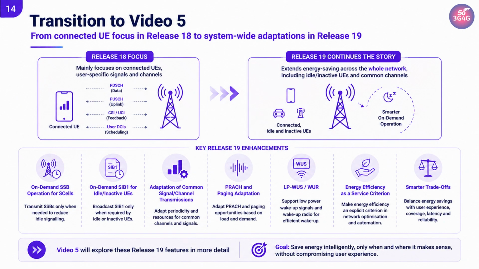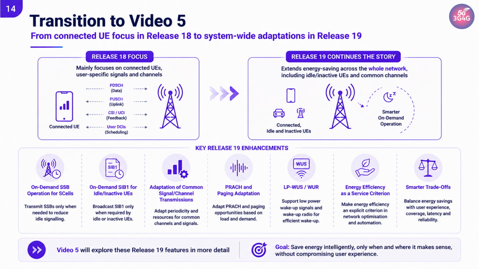That brings us to the end of video 4. In this episode, we looked at 5G Advanced Release 18 Network Energy Saving. Release 18 takes the 5G NR foundation and adds more explicit energy saving capabilities for the RAN.